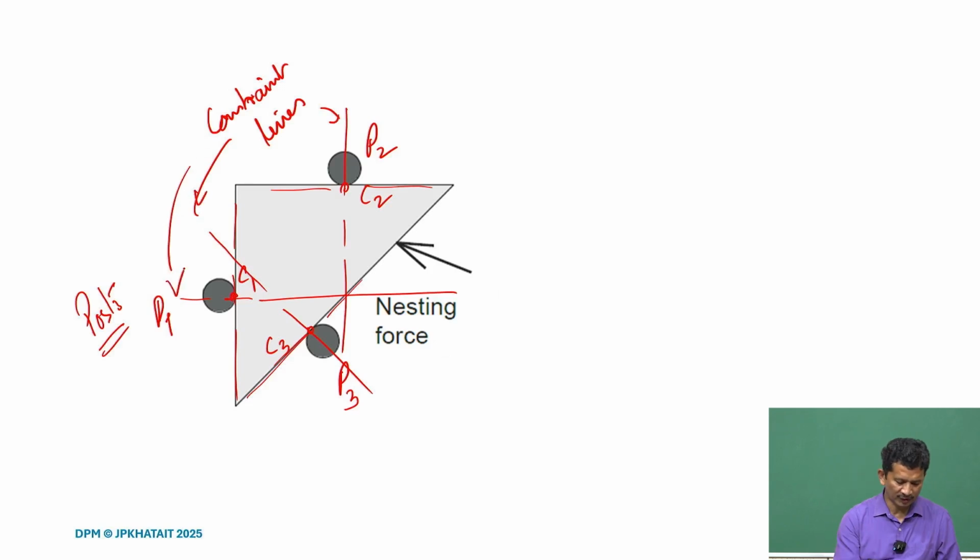Again what we see here is, if we take a pair, we can define ICs, instantaneous centers. So, I see in this case C1 and C2, so I see IC 1,2, and similarly here 1 and 3, so I see IC 1,3, and this is IC 2,3.